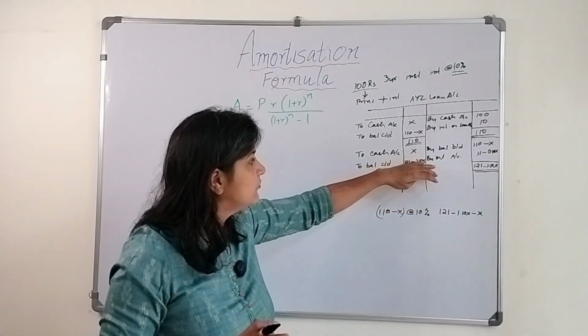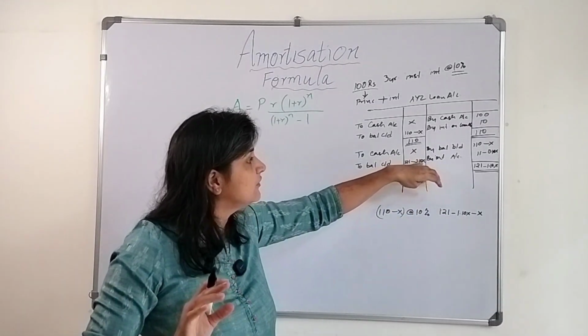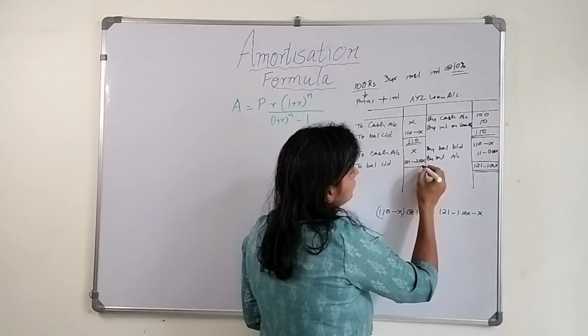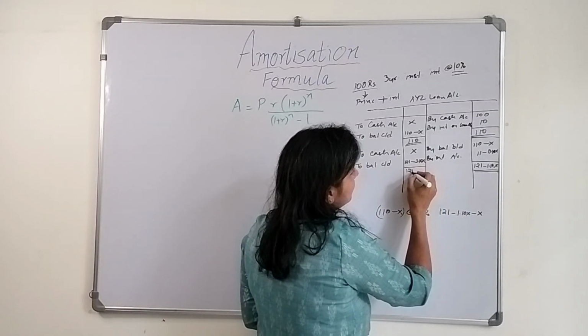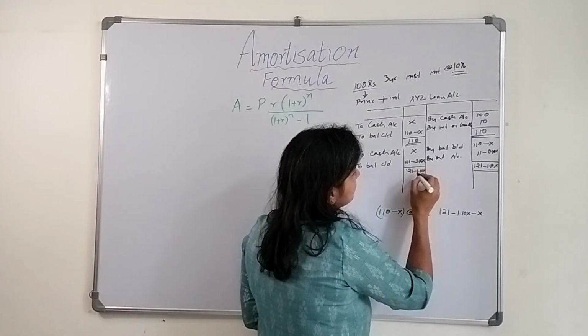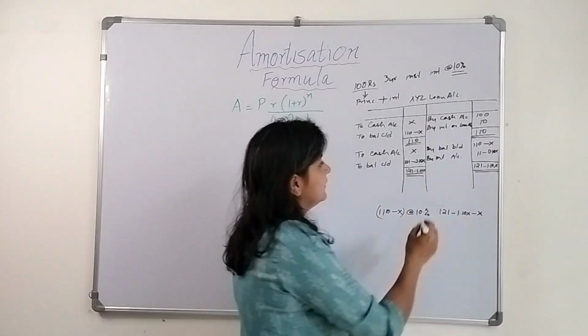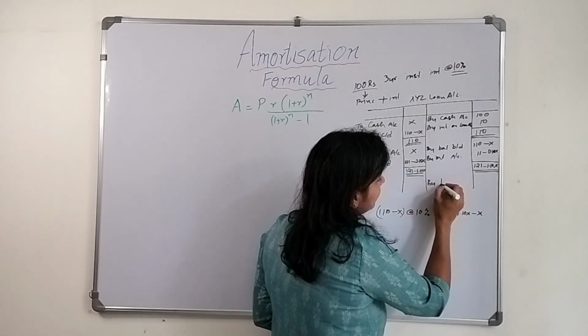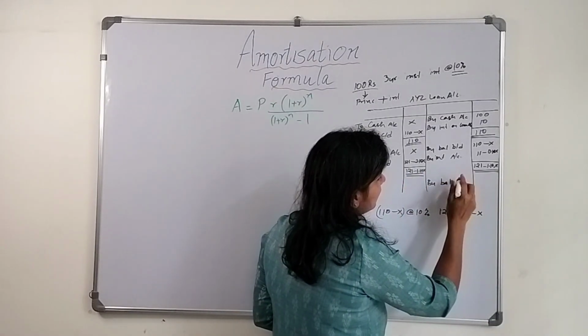This is the amount which is due. Fine. Next year again my balance brought down will be 121 minus 2.10x.